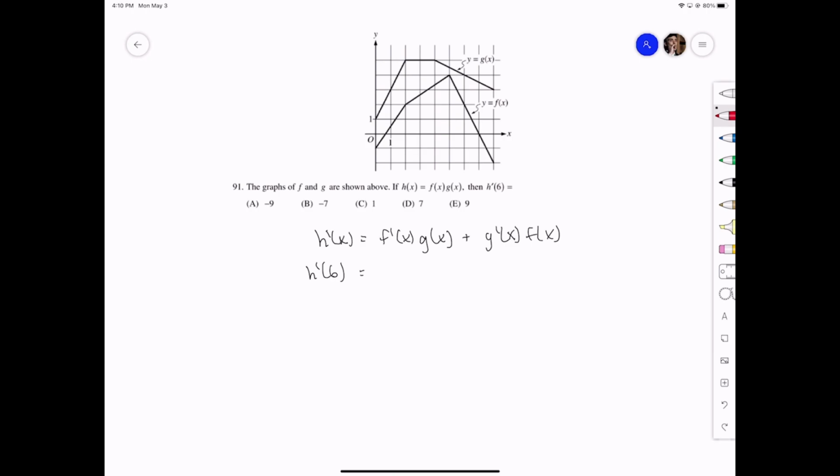Well, 6 is 1, 2, 3... 6 is right here. So f prime of 6, this is a straight line, so we just want to find the slope of this line. I can see that it goes down 2 over 1, so that's a slope of -2. And then what's g of 6? g of 6 is right here, and that is 4.